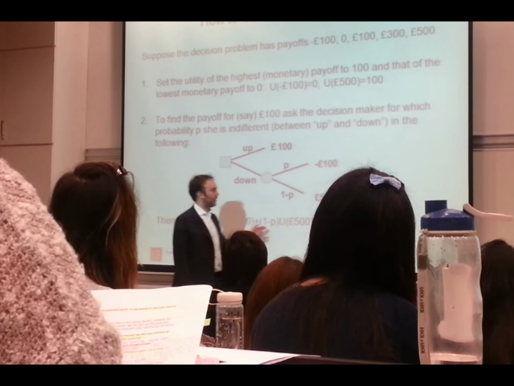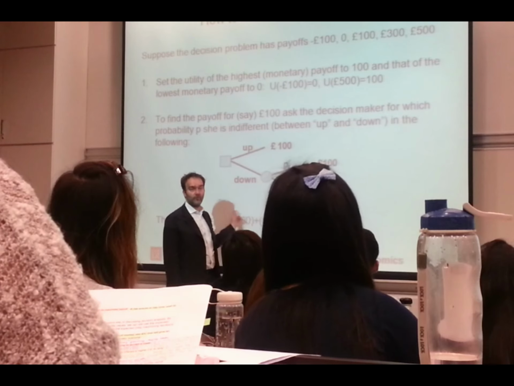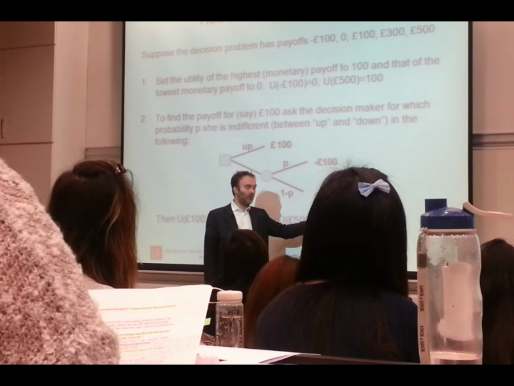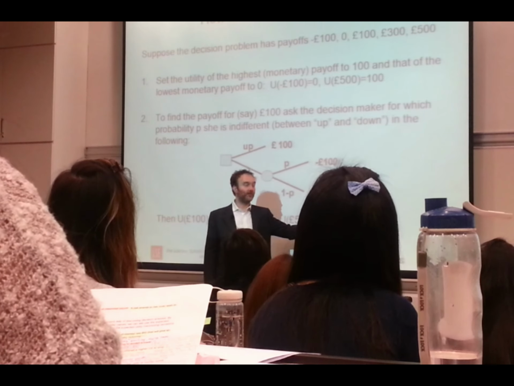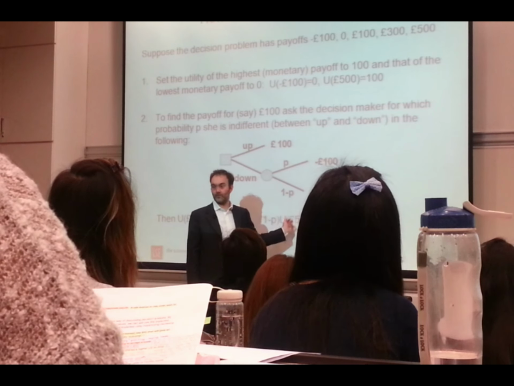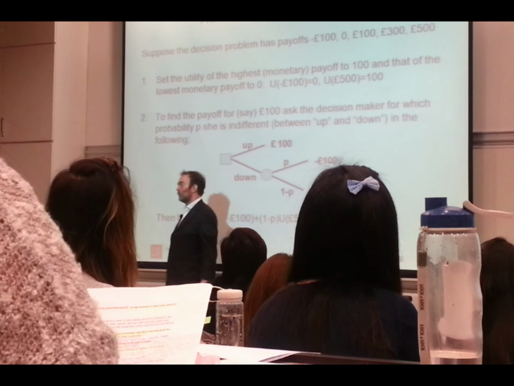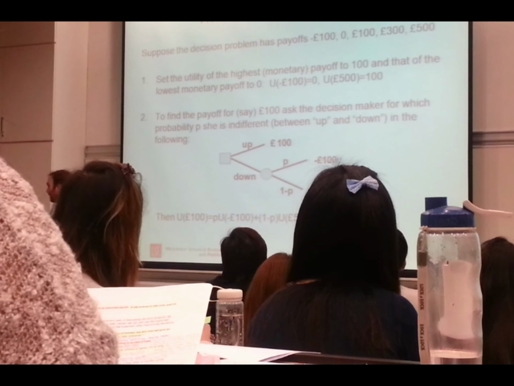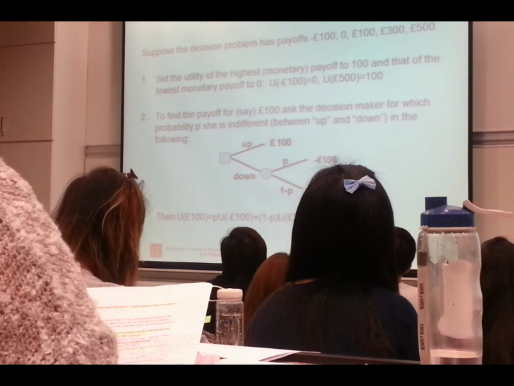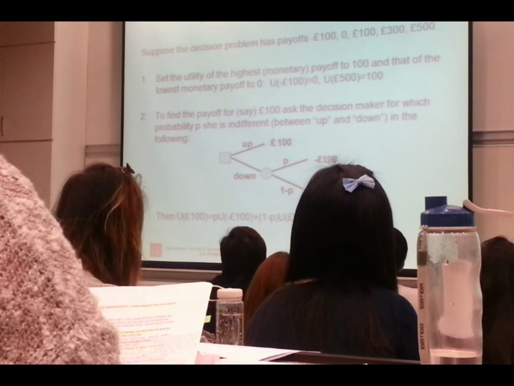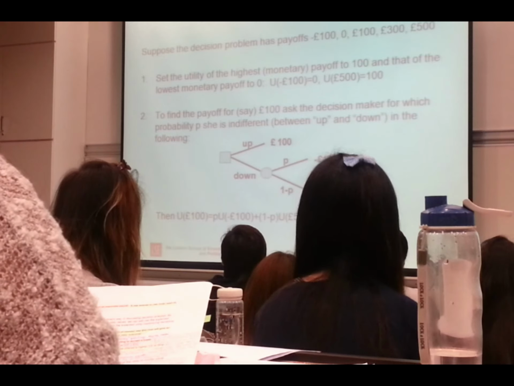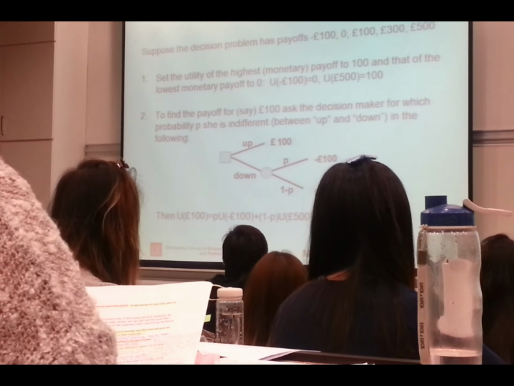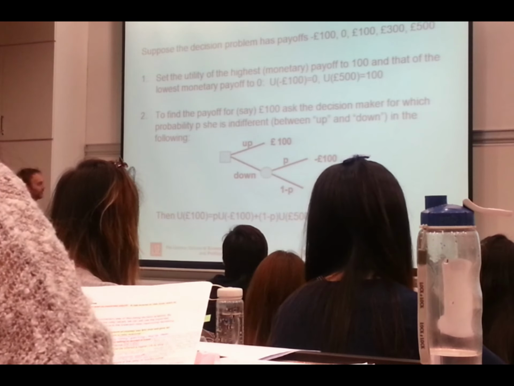So the utility of 100 pounds is going to be 1 minus P, that's 0.5 times 100. In other words, the utility of getting 100 pounds is more than 0 and less than 100; it's actually 2. So the utility from 100 pounds is 2.